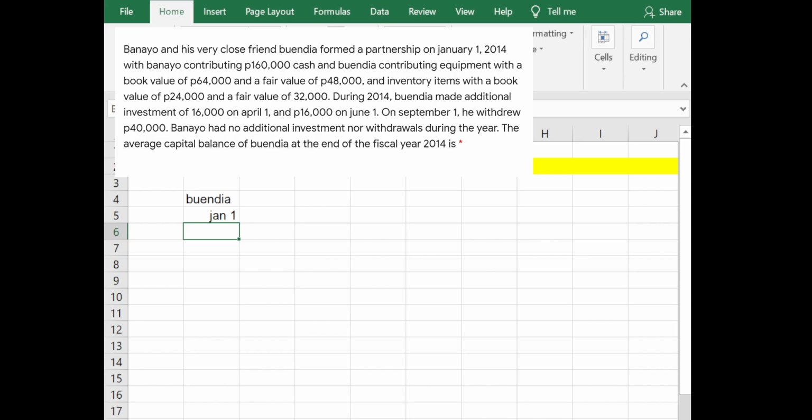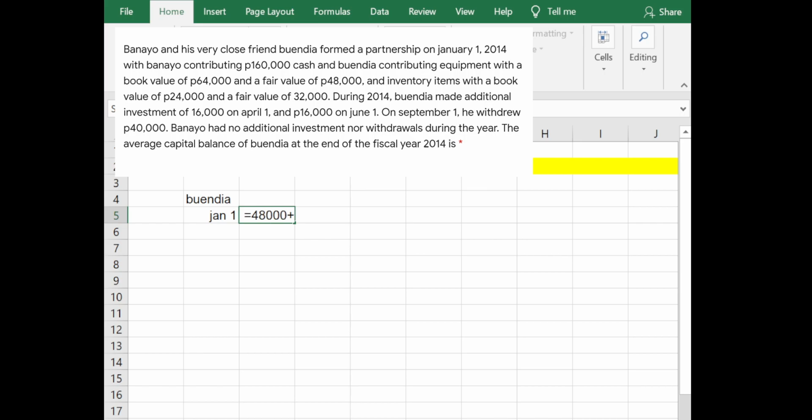So, on January 1, he contributed equipment. Again, fair value will prevail in the absence of any agreed value. So we have 48,000 of equipment and also an inventory of 32,000. We just add them because they all occurred on January 1.